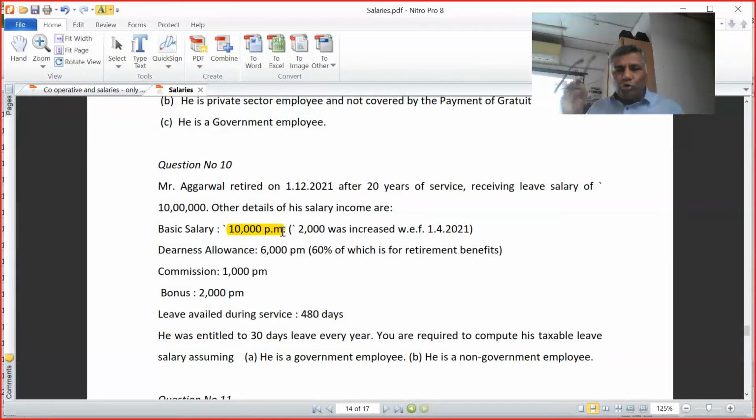Okay, how to find out? He has got an increment on 1/4/2021. So for 8 months his salary will be 10,000, April to November.